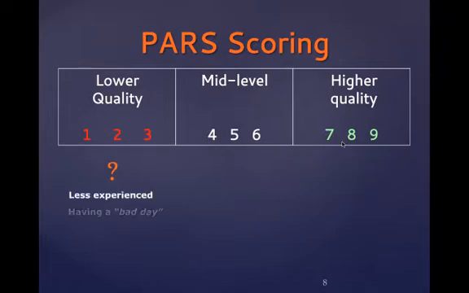And the lower quality ratings are generally observed with people who are less experienced. Or you might have a lot of experience but simply be having a bad day. All we're doing is evaluating a moment in time. We're not making any generalizations about the quality of their work. Unless you have a lot of ratings, you really can't do that.